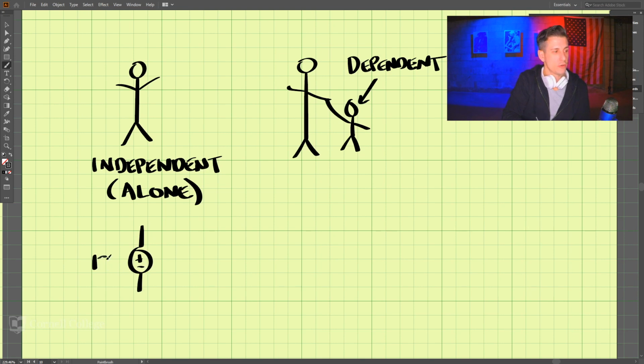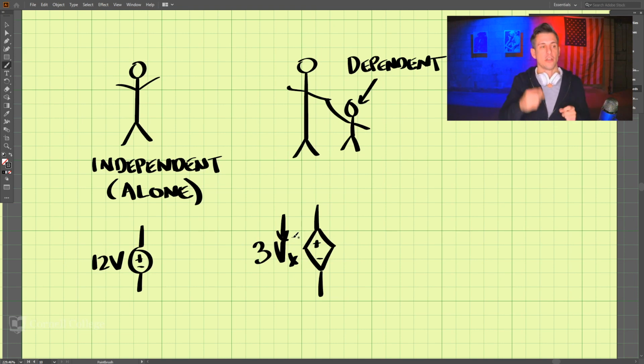So this voltage source is independent. This one is dependent, because it depends on Vx. So it is a dependent voltage source. And we must know the difference between these two to do Thevenin's theorem.